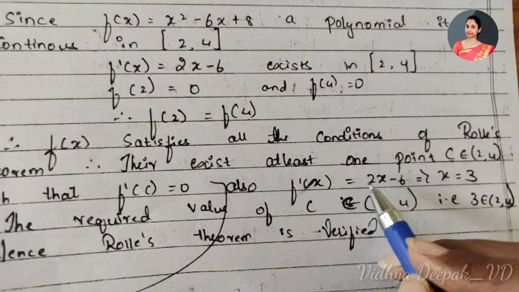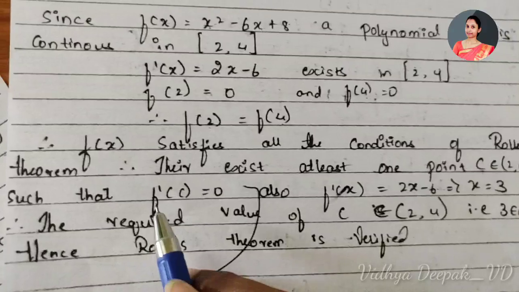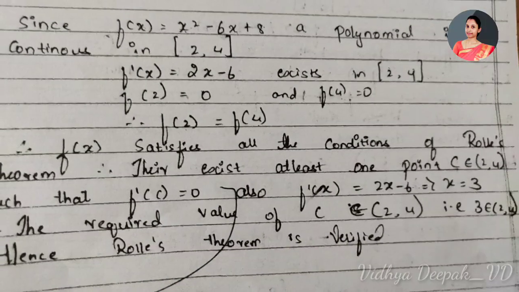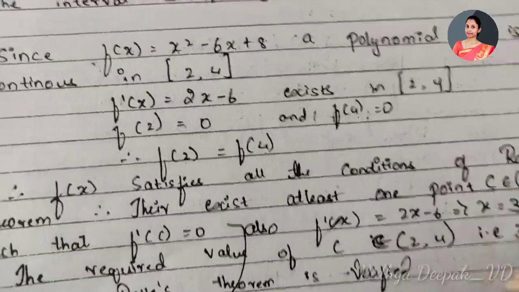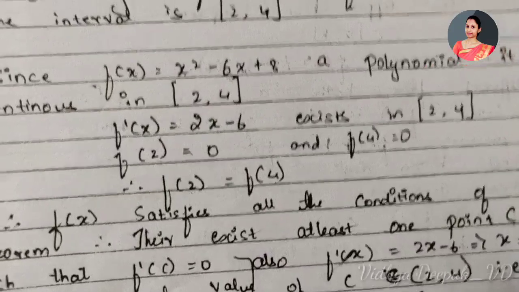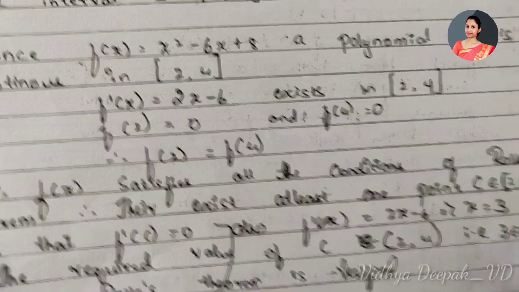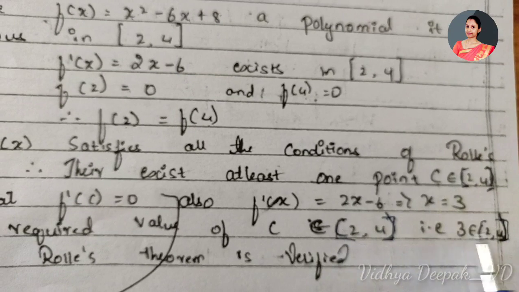Apply 3 here: 2 3s are 6, 6 minus 6 is 0. So is this condition also satisfied? Yes, right? Please correct this interval as closed interval, not open interval. All 2, 4 is closed interval. These are the three corrections, here, here and here.